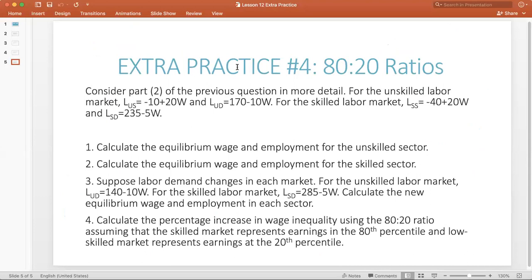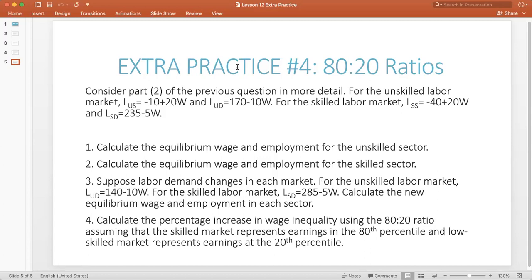So the last one, 80-20 ratios. So consider part 2 of the previous question in more detail. So now we're actually going to put some algebra into what we just did. So for the unskilled labor market, LUS is -10 plus 20W, and LUD is 170 minus 10W. So for the skilled labor market, LSS is -40 plus 20W, and LSD is 235 minus 5W.